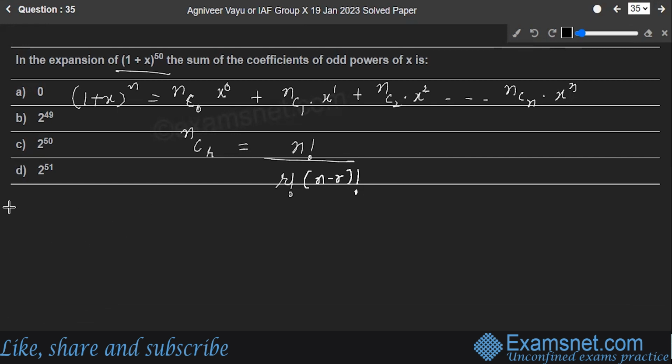Now, let's move towards the solution. We are given (1 + x)^50.